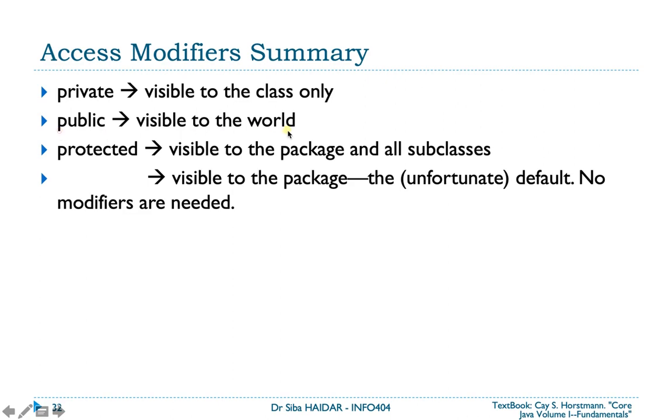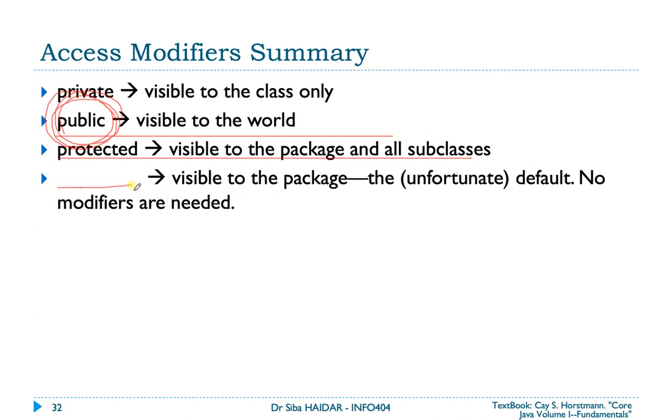Use public when this should be visible to the world. Everything that is public will be part of the interface of this class, the showcase of this class. Use protected, which will be visible to the package and all subclasses.